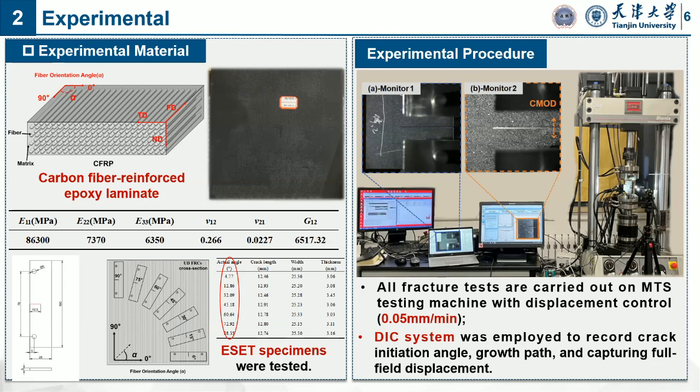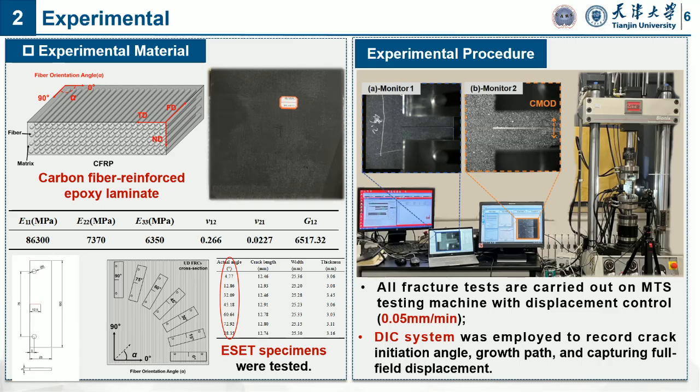In this experiment, we use the ESET specimen. We cut the specimen in different directions: 0, 15, 30, 45, 60, 75, and 90 degrees. We have 7 specimen types. The carbon fiber reinforced epoxy laminate is like this.